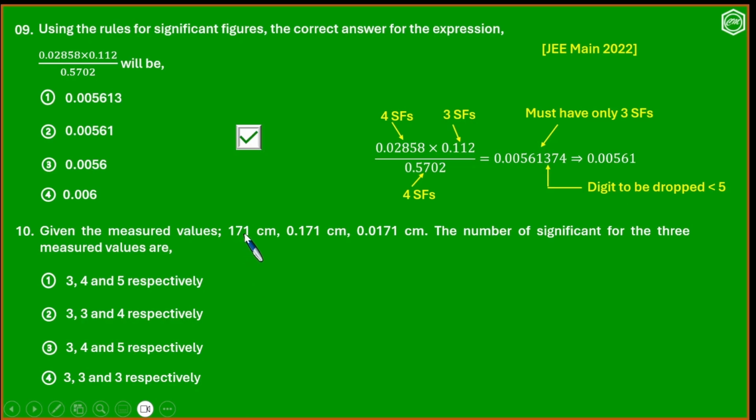And here we have three significant figures, 171. And here also we have 3, 0.0. This 0 is not significant. And here these two zeros are not significant. Therefore, 171, that is three significant figures. So all the three quantities possess three significant figures. So the answer should be 3, 3 and 3 respectively.